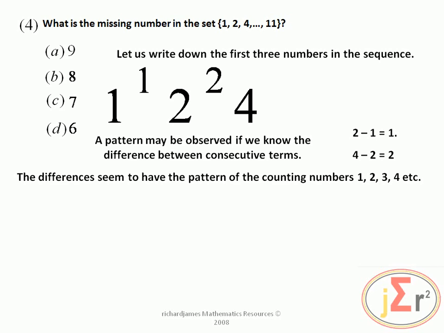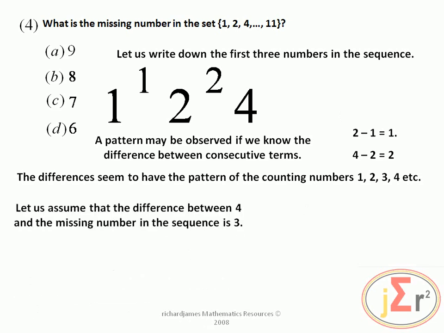And we'll demonstrate at the end how we may be exactly sure. But we cannot be sure at this stage that we are correct in saying that the pattern is 1, 2, 3, 4, etc. But let us say then, at this stage, that is what the pattern is. Let us use that pattern and see if we are correct.